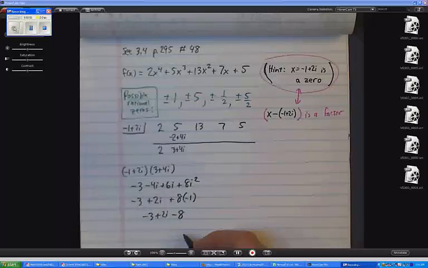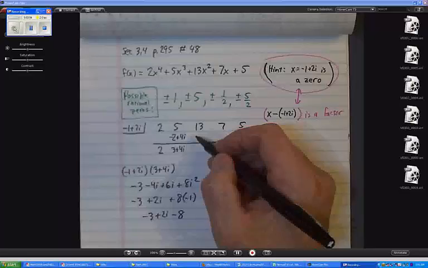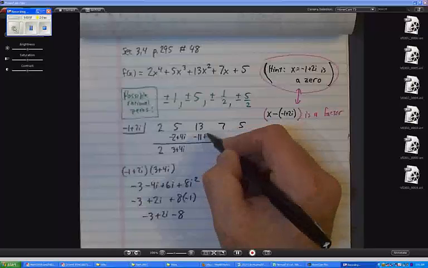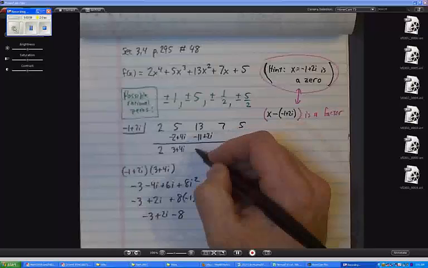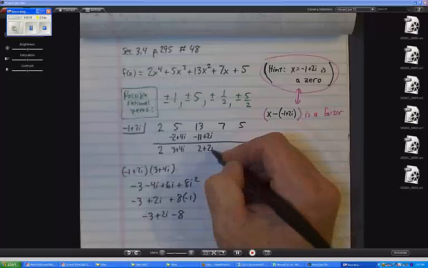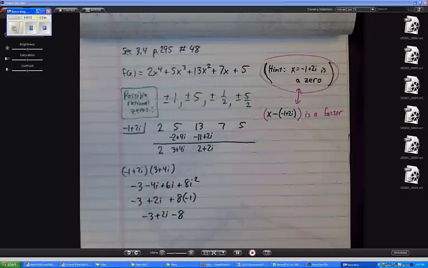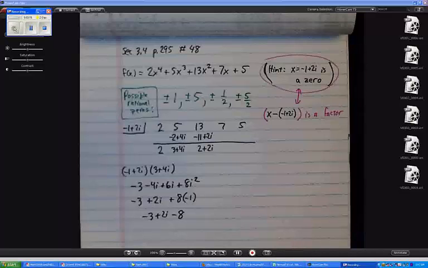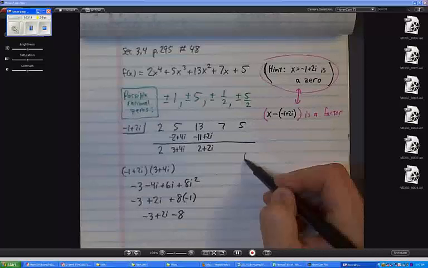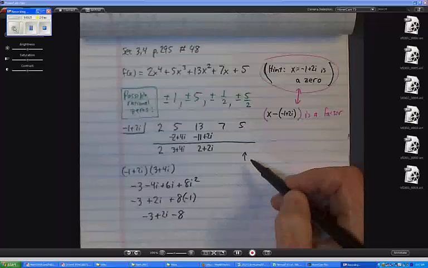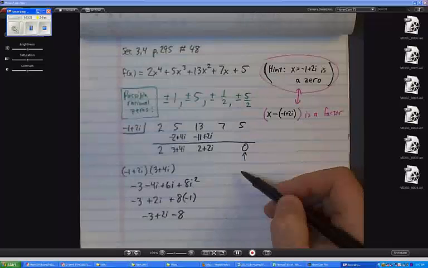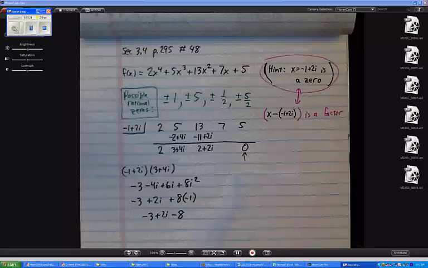Okay, after a lot of work, I get -11 plus 2i. When I add them, I get 2 plus 2i. All right. I'm getting tired because it's getting late. But let me tell you, what's the remainder going to be here? 0. Oh, I should keep going.